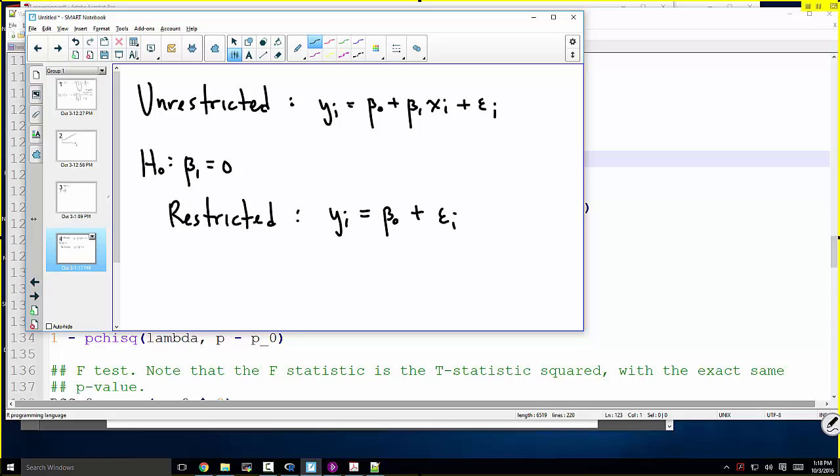Under the null, x is not in our model. This is equivalent to y equal x beta plus epsilon, where x is just an n by 1 vector of 1s. And beta is a scalar. So beta actually just equals beta 0 in this case.